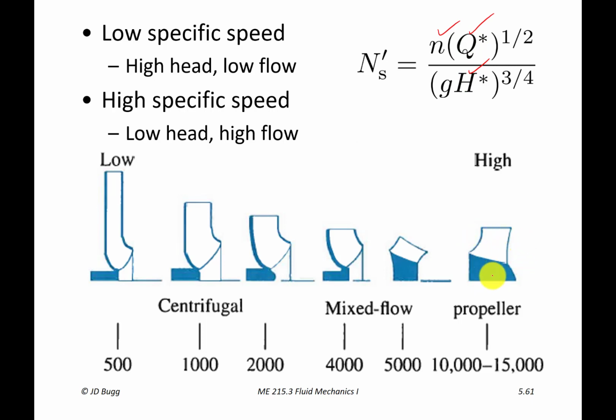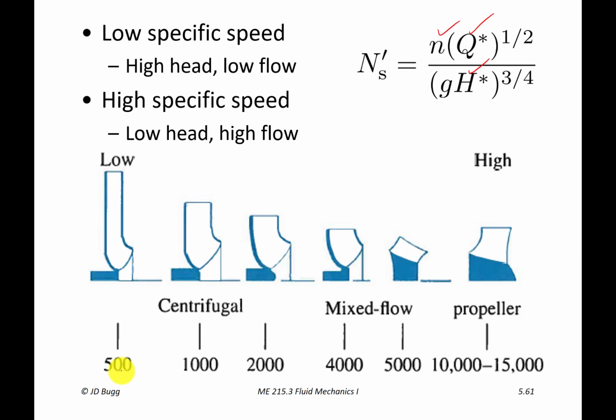And of course, there's a whole spectrum of pump designs in between, where there's a combination of axial and radial flow. So these are good examples of mixed flow impellers, where there's significant motion in both the radial and axial directions. And the specific speed reduces as we go back here closer and closer to a purely centrifugal pump.